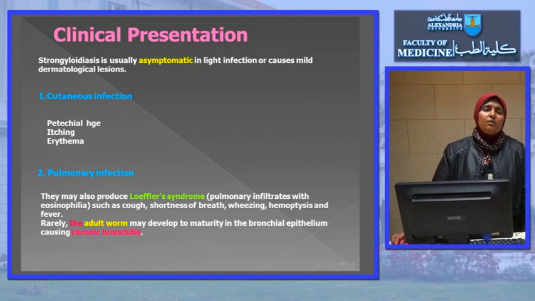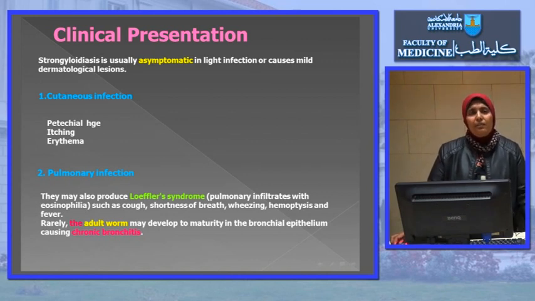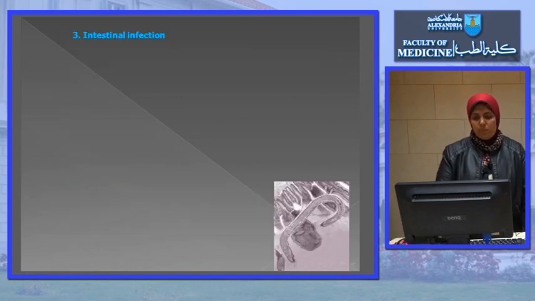This is caused by the reaction of the lungs towards the foreign migratory larvae inside the lungs, where this reaction will result in pulmonary infiltration with inflammatory cells, mainly eosinophils. And this is the cause of Loeffler's syndrome.